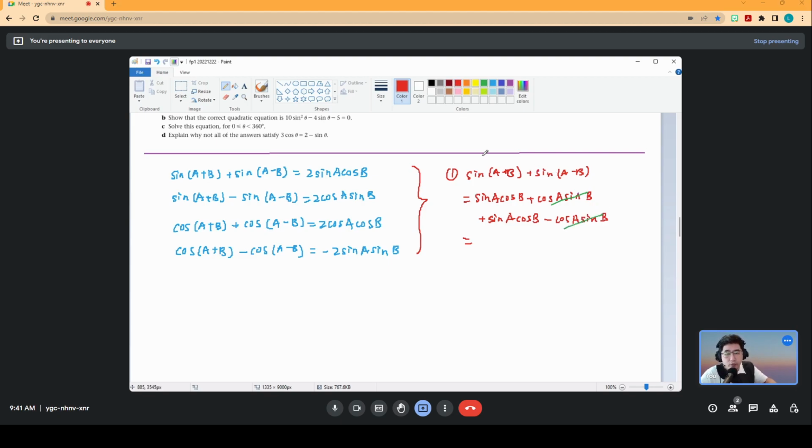You're only left with two items with the same thing, so you have 2 sine A cos B. As you can see, the formula is nothing very special. We just use the formula and join them up together.